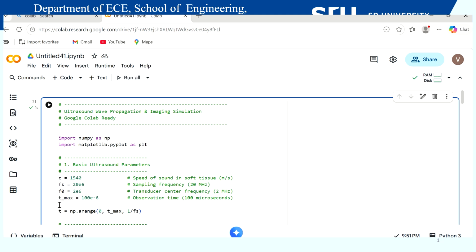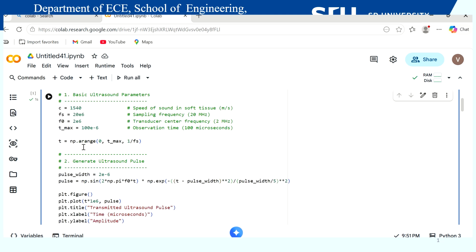And then t equal to np dot arange open bracket 0 comma T underscore max comma 1 by Fs. The time axis, that is the x axis, starts from 0 and ends at 100 microseconds, and in between the partition is done by 1 by Fs, that is 1 by 20 megahertz.